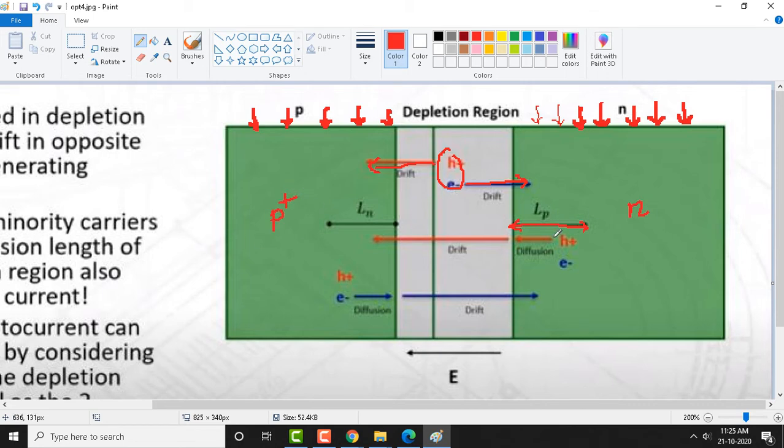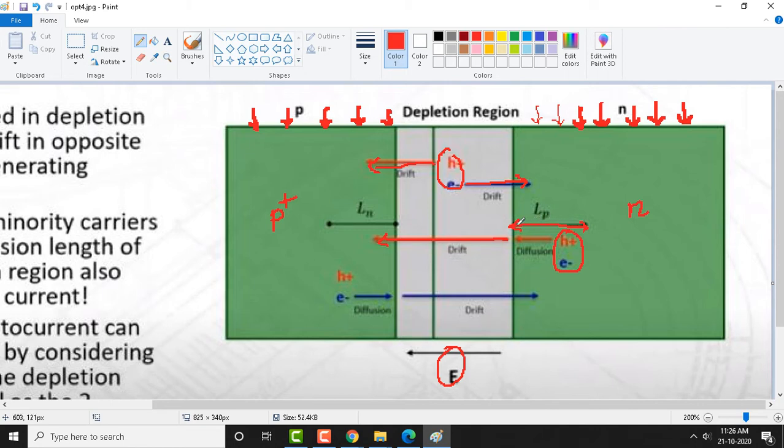If any electron hole pairs are created in the neutral N region, they get diffused because of the concentration gradient. Holes diffuse to the depletion region, and once a hole comes to the depletion region, it drifts into the P region by the strong electric field.